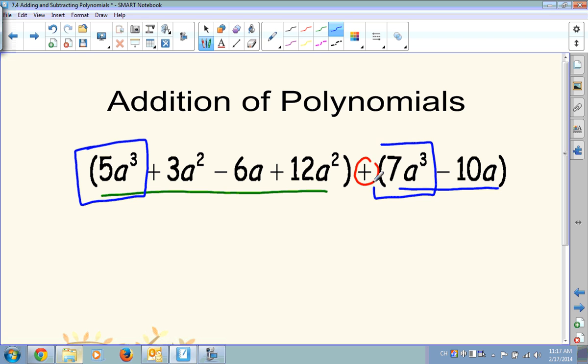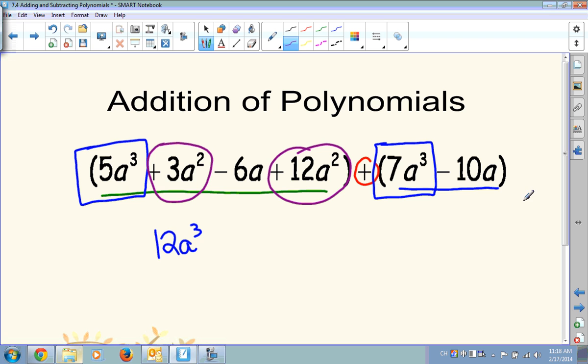The cubes. A cubed, right? So we combine those. 5a cubed and 7a cubed is 12a cubed. Okay? What is the next biggest exponent? A squared. So we have 3a squared, 12a squared, and that's it. No other a squareds. So 3a squared and 12a squared is 15a squared.